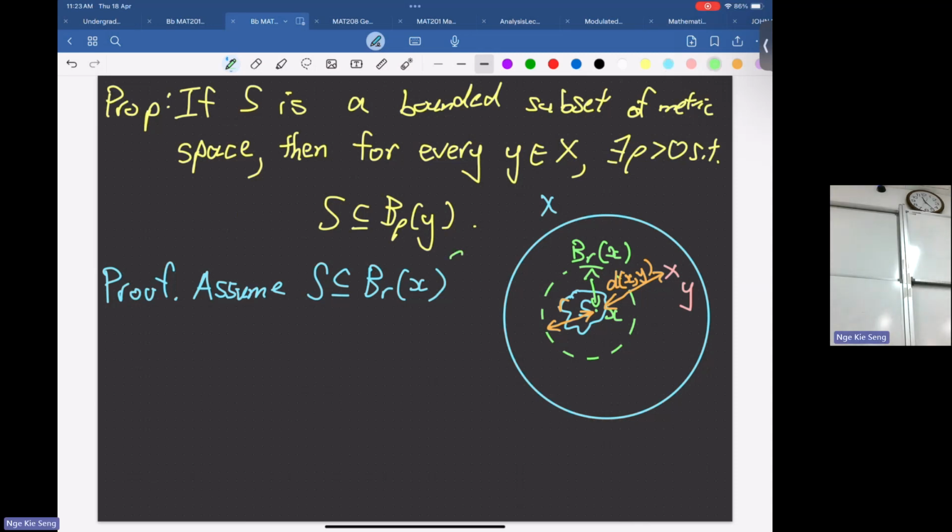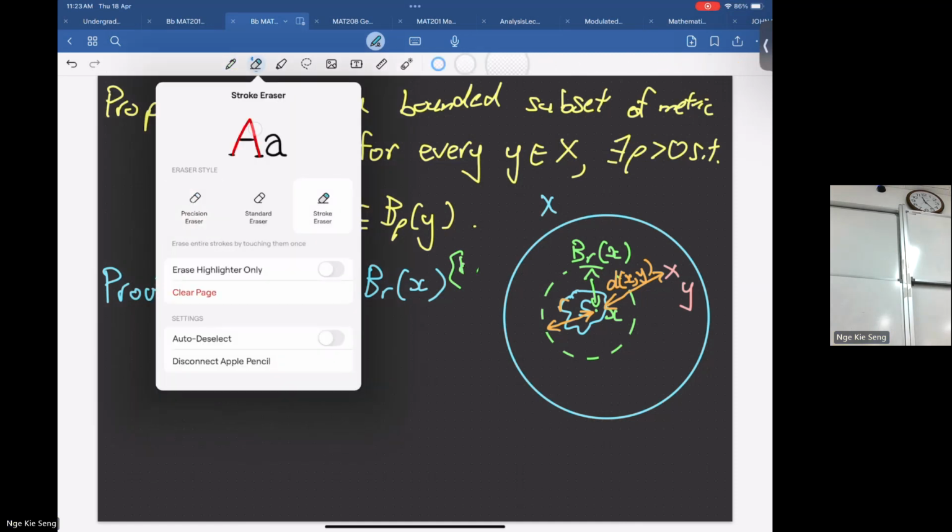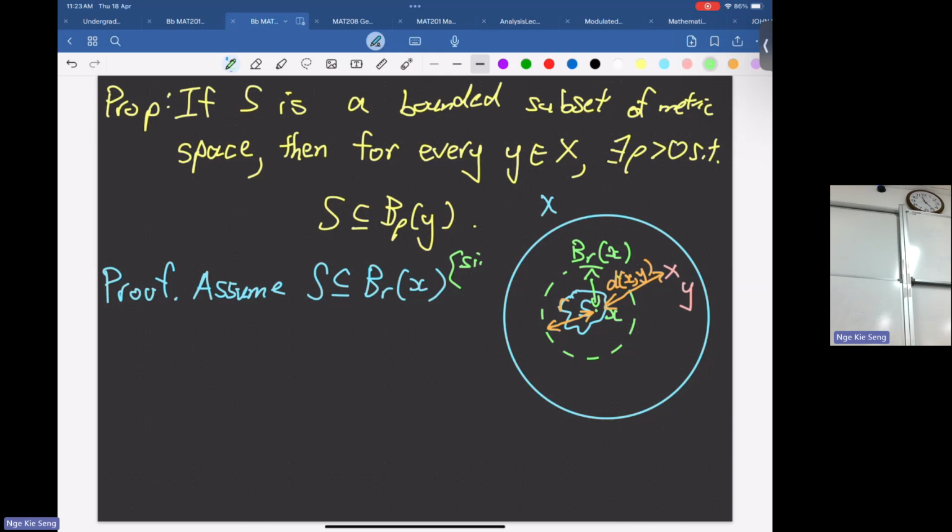Since X is bounded, we can find such an X and such an R. Then we start with any point Y in my metric space.